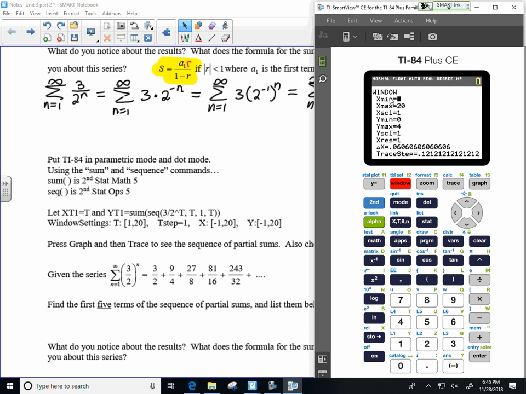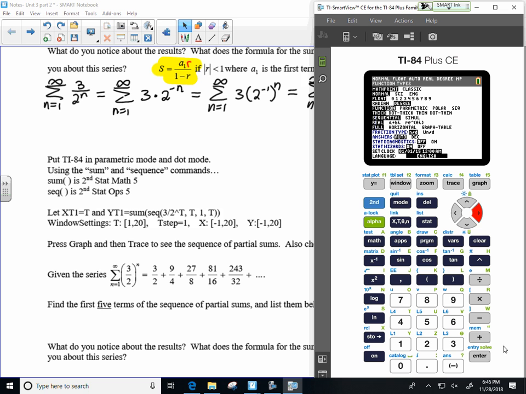So in an ordinary window, we have x min, x max, y min, y max, things like that. But what we're going to do is change our mode to be in parametric form. So not function mode, but parametric mode. Then when you hit y equals, you see instead of just y1, y2, y3, you see x1t, y1t, x2t, y2t.